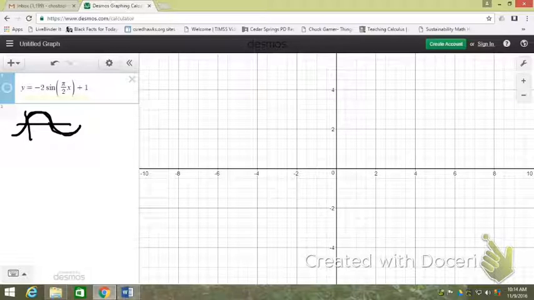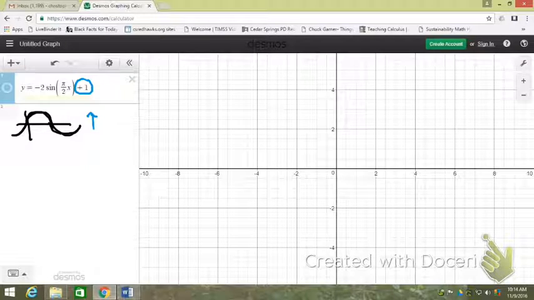Now, what I really want to uncover, and just like any good problem, we're not going to solve it all at once. We're actually going to look at individual characteristics at a time. For instance, I'm looking at this plus 1. What I know that does is it takes the graph and shifts it up by a single unit.